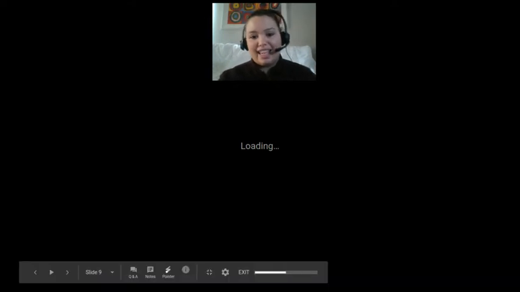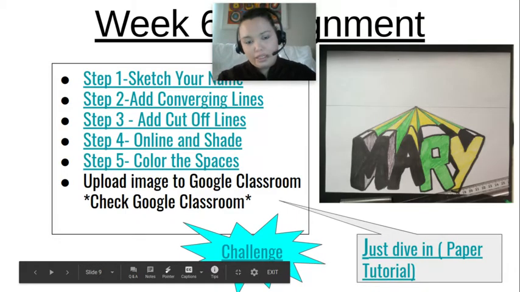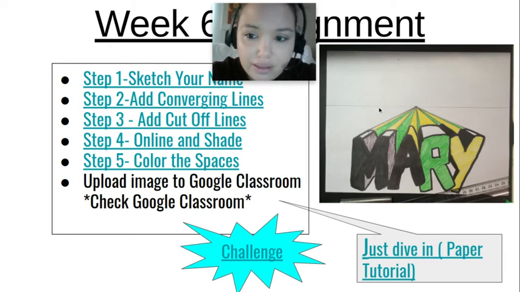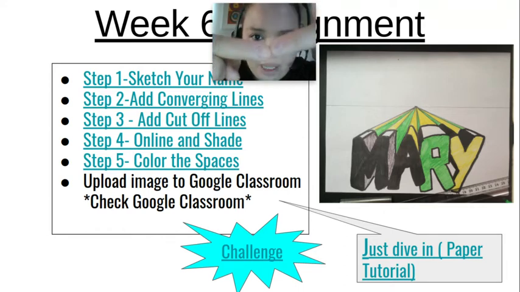but this is the biggest thing I need to go over with you, what you're going to be graded on. So if you look over here on this little picture that says Mary, this is what you're going to be graded on. You need that horizon line. I definitely want to make sure you have a horizon line. Do you have a vanishing point? So do you have something that all of your converging lines are meeting at?